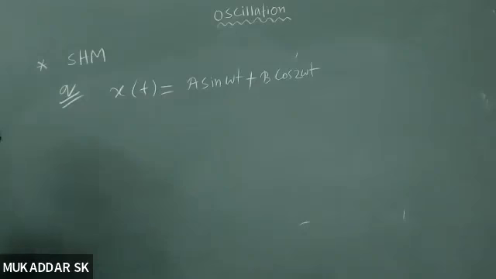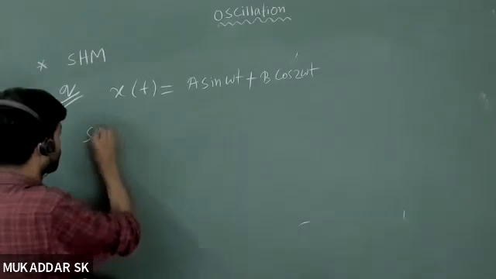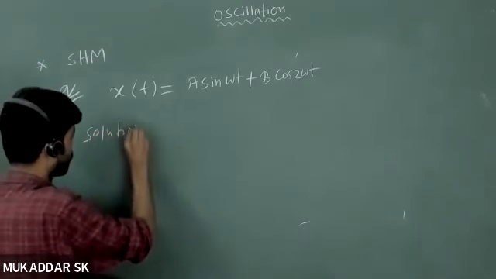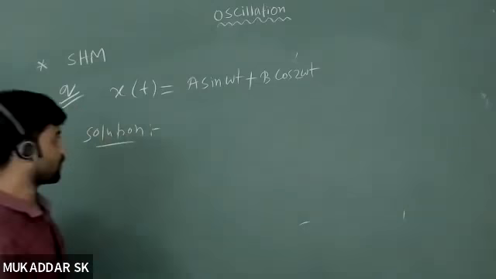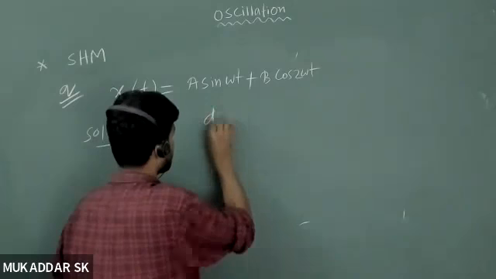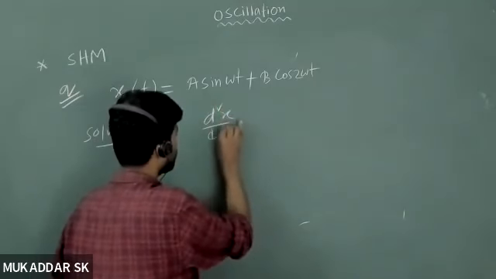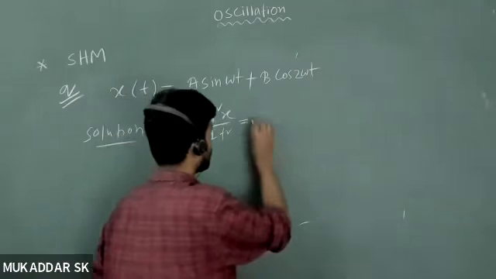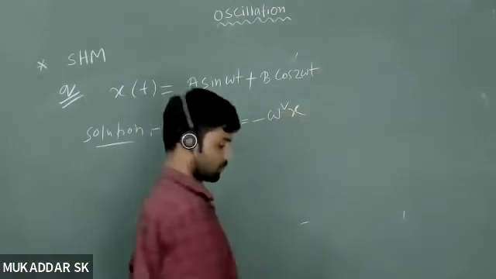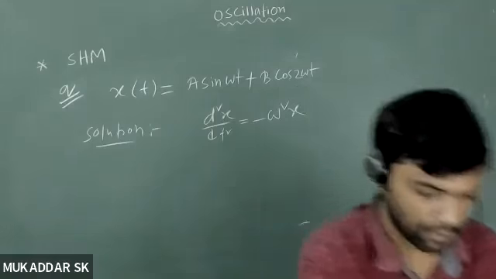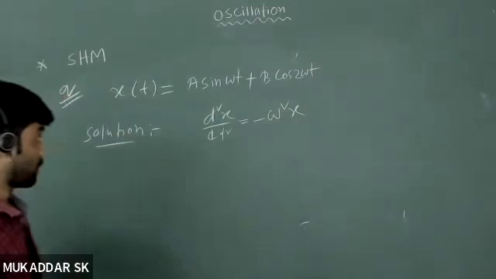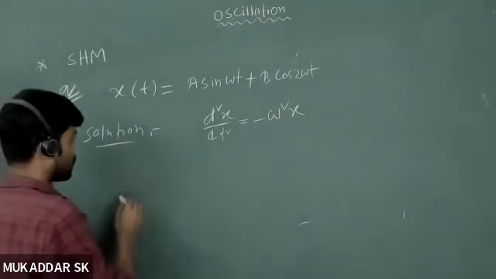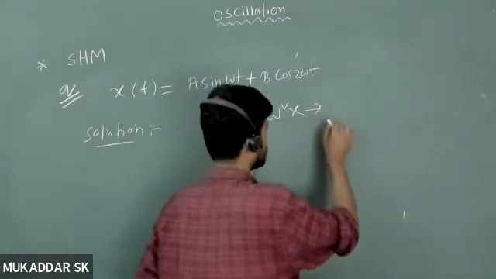That you have to check. For simple harmonic motion, if you remember, del square x by del t square should equal minus omega square x. Can you check whether this equation shows this behavior? This is the condition for simple harmonic motion, right?